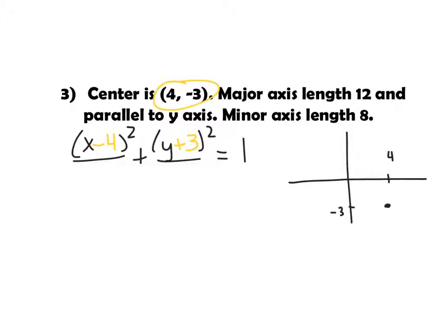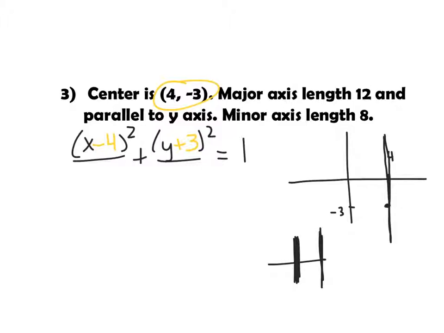Okay, it says a major axis length 12 parallel to the y-axis. So think about x and y. Here's your y. So parallel to y is going to be a vertical line. Vertical.